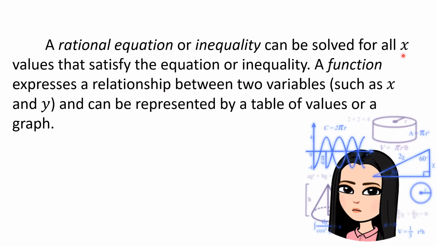As I said earlier, if you substitute a certain value of x, it will satisfy our equation or inequality. In an equation, the left side and the right side must be balanced. For an inequality, if we substitute that value of x, either the left side or the right side is greater than or less than the other.